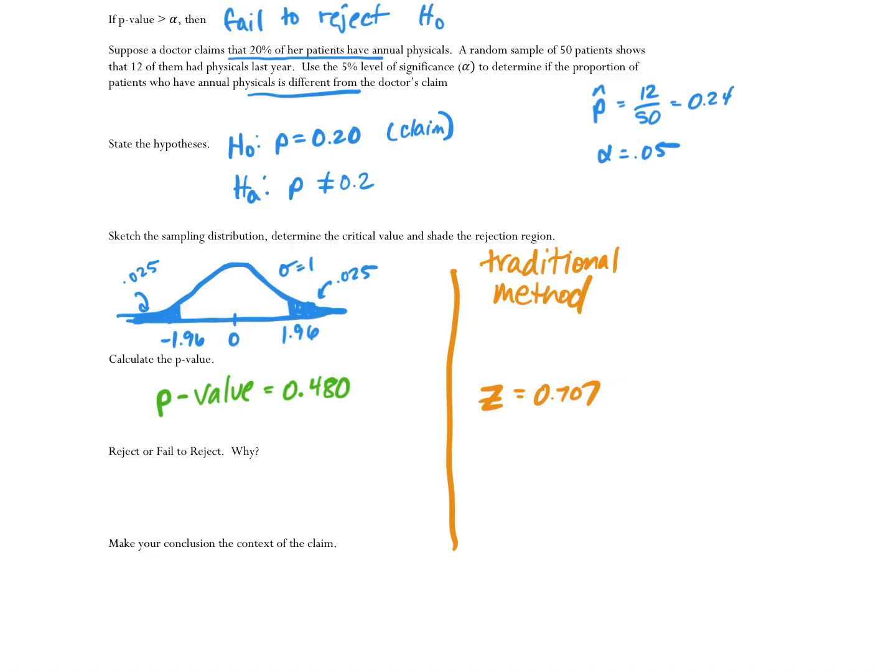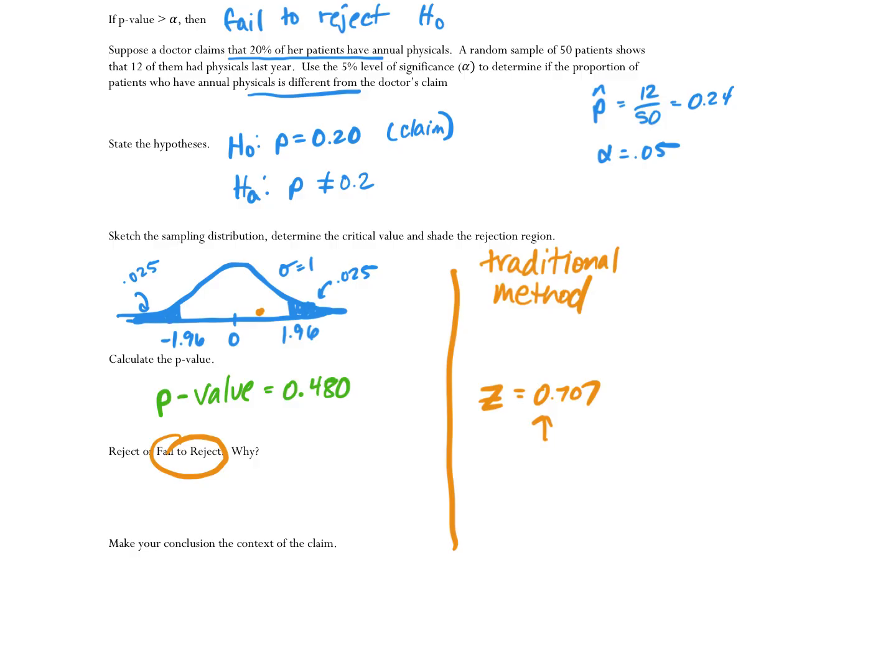All right, so if I ask you to do the traditional method, the next thing I'm going to ask you is the test statistic. Hey guys, based off of this, is that test statistic in the rejection region? We shaded our rejection region. Z equals 0.707, that's right about there. Is everybody good? So based off of my Z score, I would fail to reject.